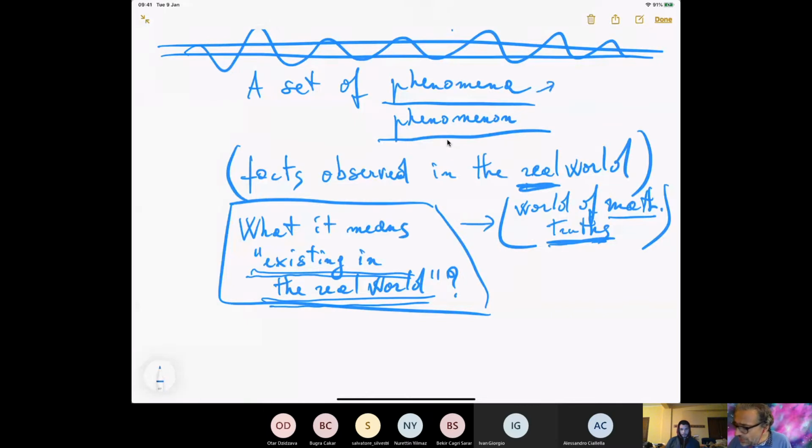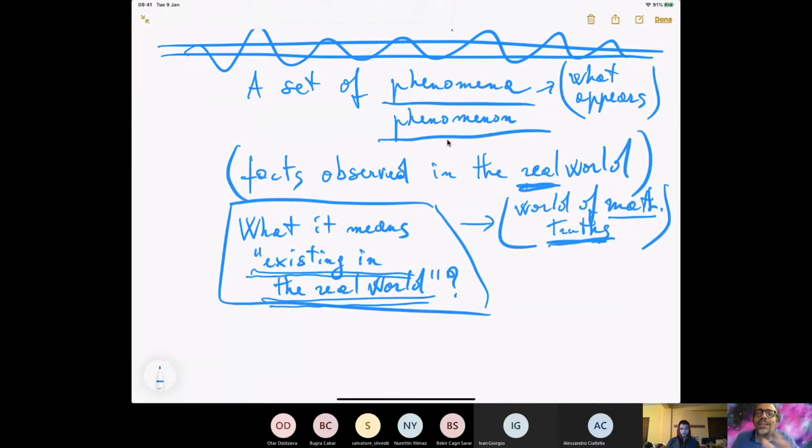The literal translation of phenomenon from Greek is what appears. So remark that the Greek is very sophisticated. They didn't say what exists. They choose what appears.